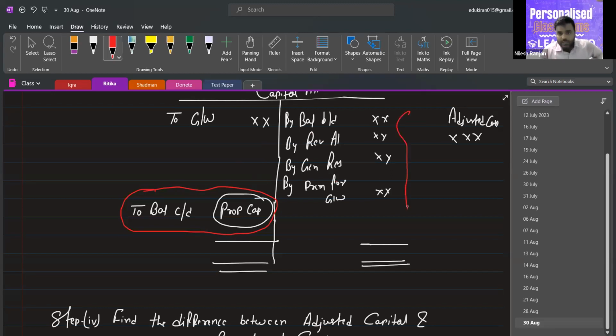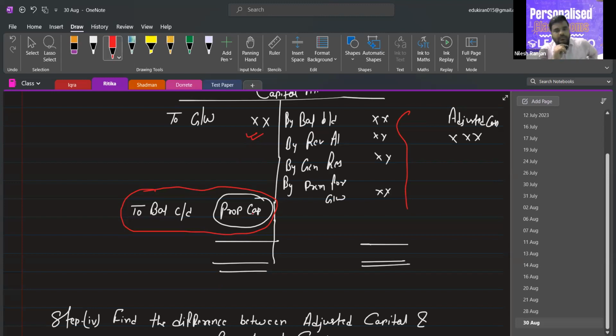If we add all these items and deduct this, then we will get adjusted capital. And if we are writing proportionate capital, then the account will automatically calculate the difference between adjusted capital and proportionate capital.